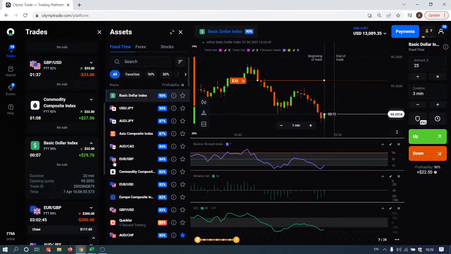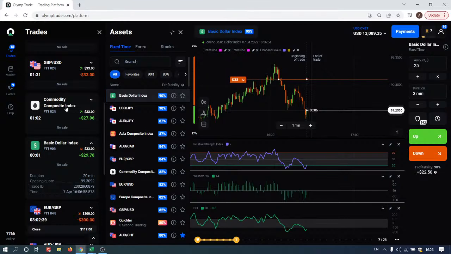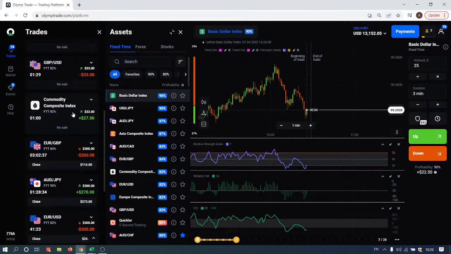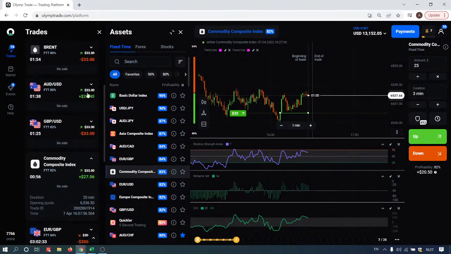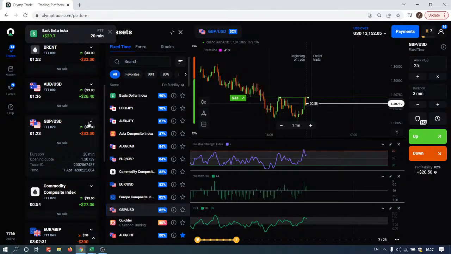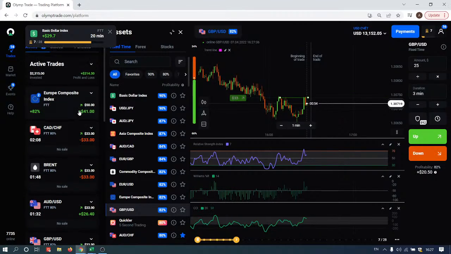All right, guys, my first trades with a duration of 20 minutes. So wow, 20 minutes just passed in a blink of an eye. Yeah, so we can count the result of these trades. So let's wait until all of them close.